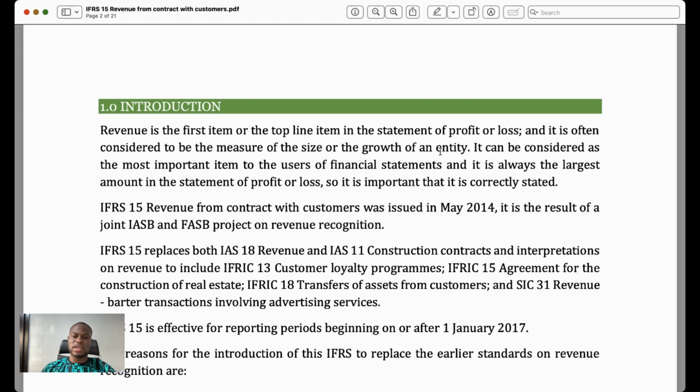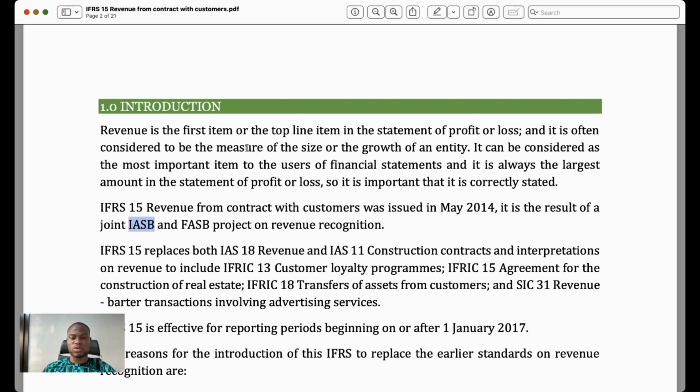This standard came in around May 2014 and is a joint project between the IASB and the FASB. The FASB is the accounting standard body for the United States, that is the Financial Accounting Standards Board, while the IASB is the one issuing IFRS.